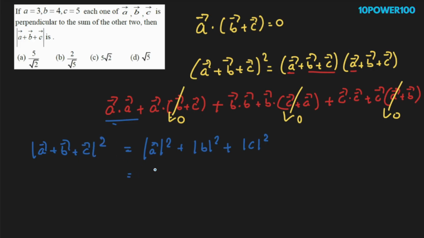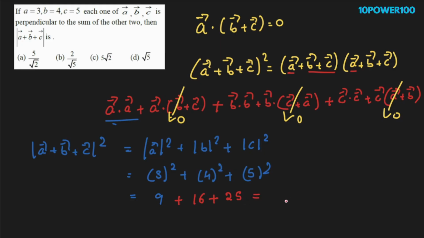Now these values are given. So A value is 3 square plus B value is 4 square plus C value is 5 square. So 3 square is not 6, it is 9, plus 4 square is not 8, it is 16, plus 5 square is not 10, it is 25.